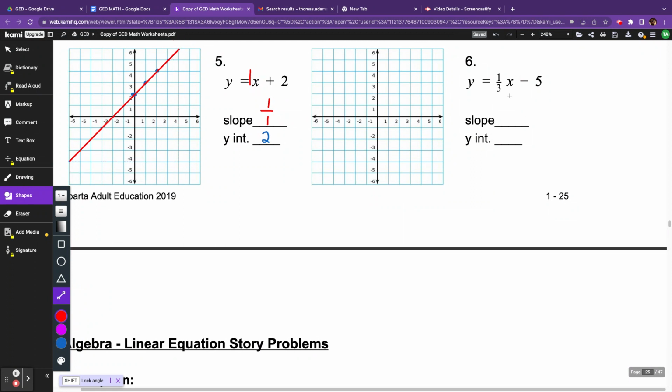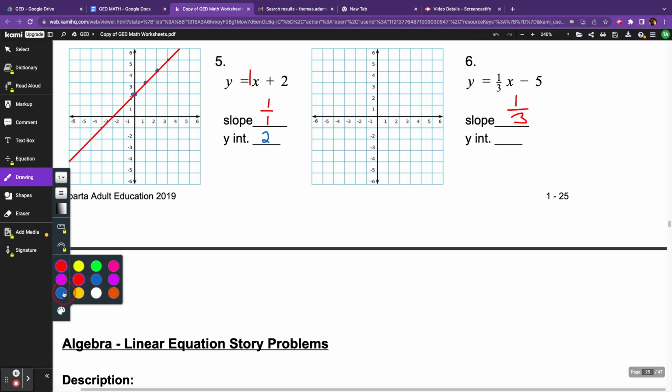Sweet. Last one. What's the slope there? 1 over 3. Mm-hmm. Oh, I messed up my whole color scheme here. 1 over 3, and then what is the y-intercept? -5. You got it. Now tell me how I graph this. Go down -5. Mm-hmm. On the y-axis.